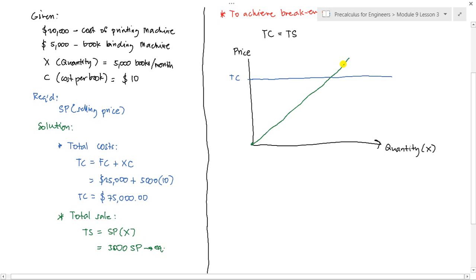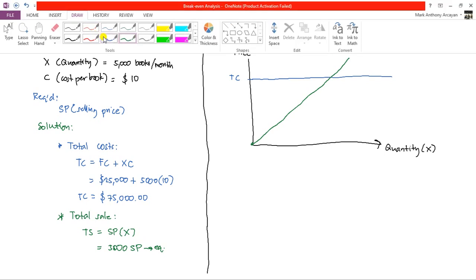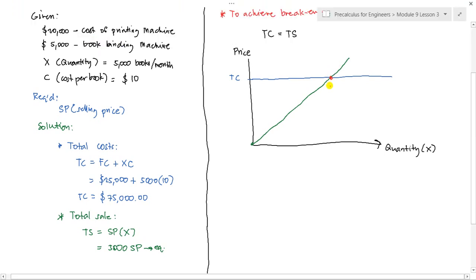Okay, until it reaches the total cost. So therefore, their intersection is our break even point.